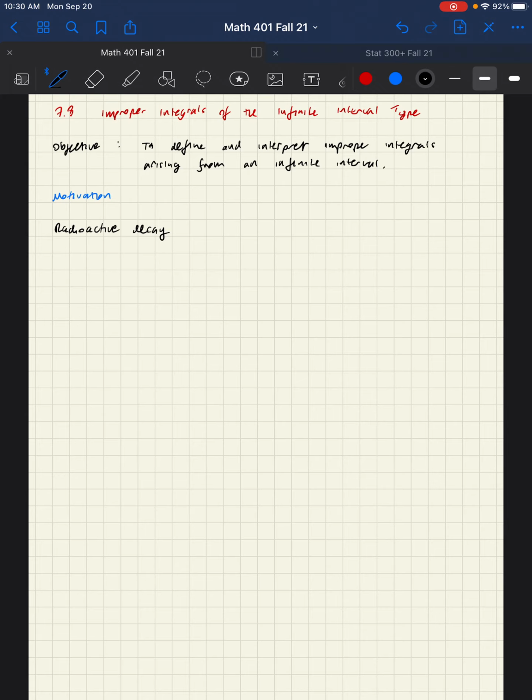And we have already seen some of these examples. Particularly, we talked about the model for decay.